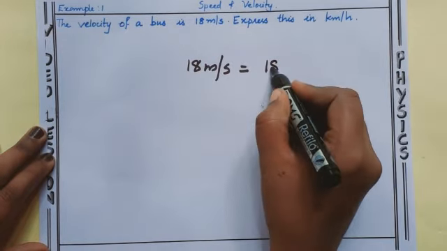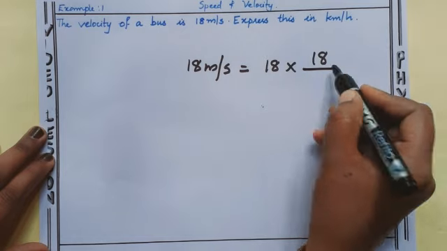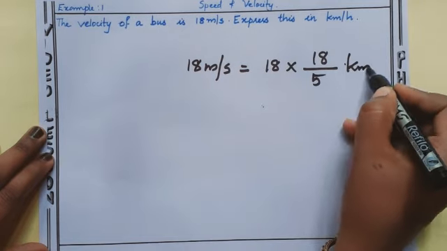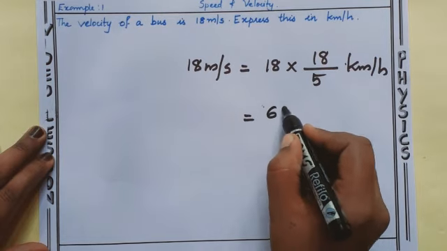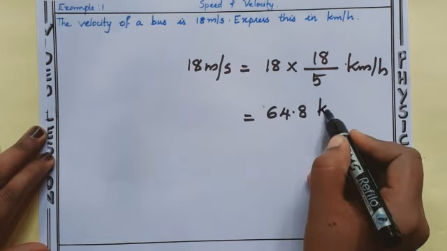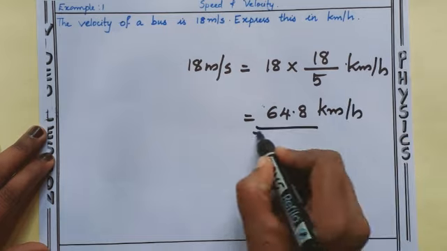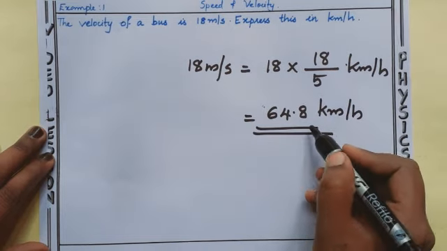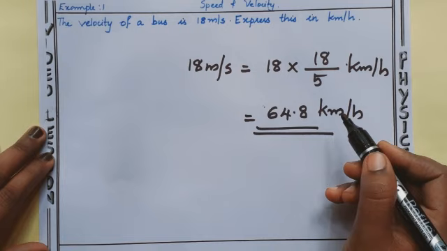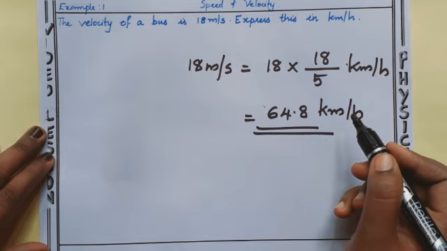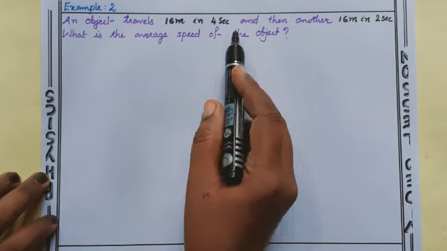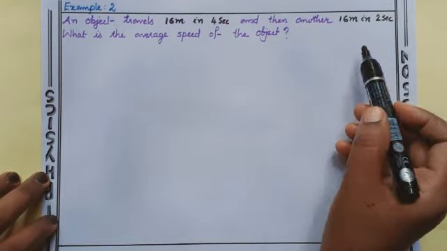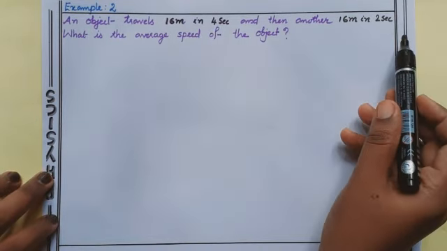So 18 into 18 by 5 kilometer per hour. What will we get? 64.8 kilometer per hour. We have to find this out. So we get 64.8 kilometer per hour.